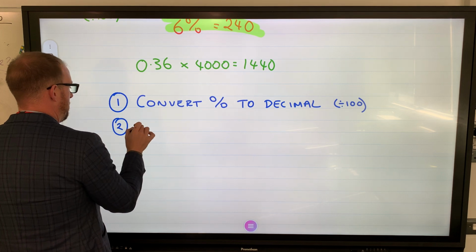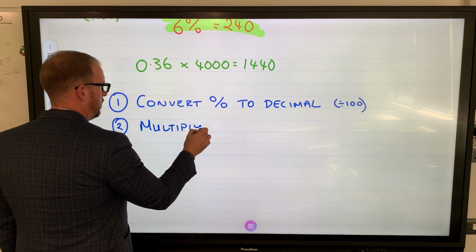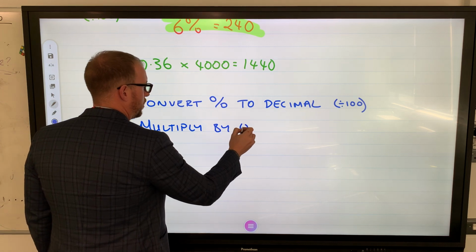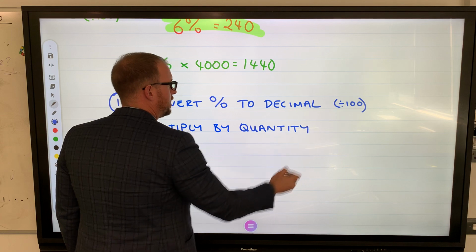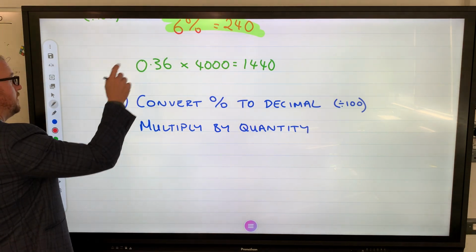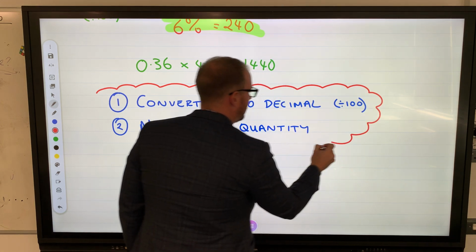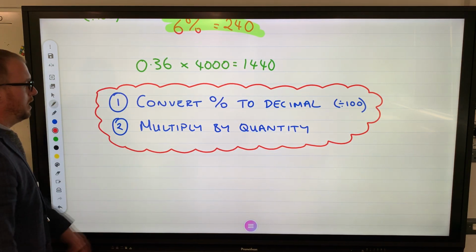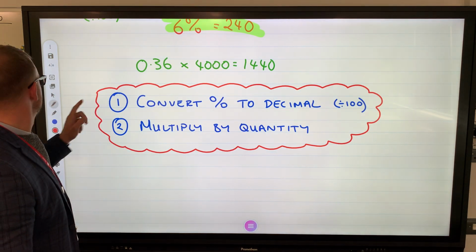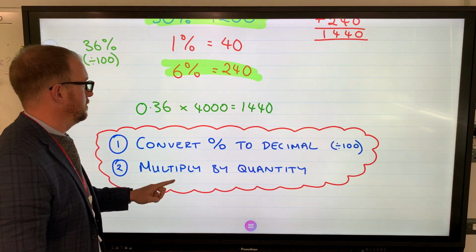Second step, multiply by the quantity. The quantity is the number in the question, the amount. As I said before, it might be money, it might be weight, it might be anything really. We need to find a percentage of a quantity: convert to decimal, multiply.